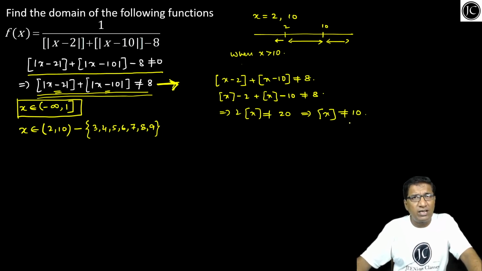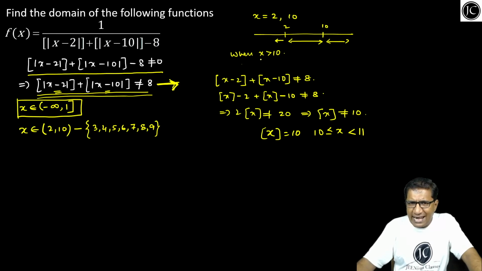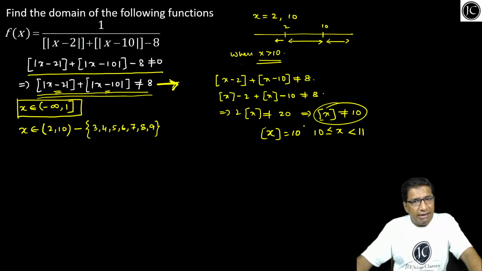Box x is not equals to 10 means that your x is not lying between, because if box x is 10, then x lies between 10 and 11. Now we have said that x is greater than 10, and we have said that box x is not equals to 10. It means that x is greater than 10. That's okay.